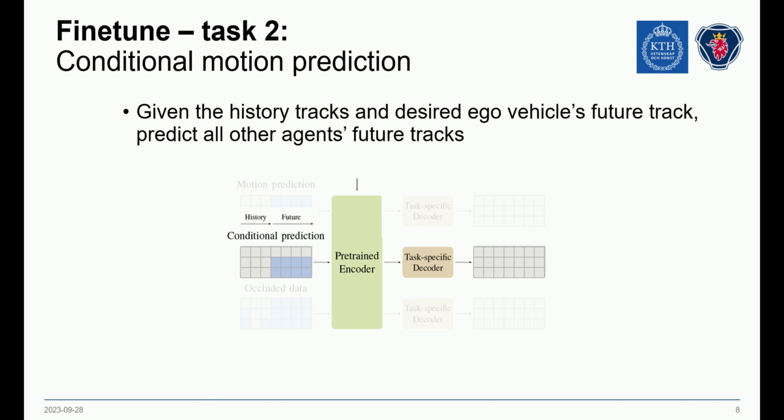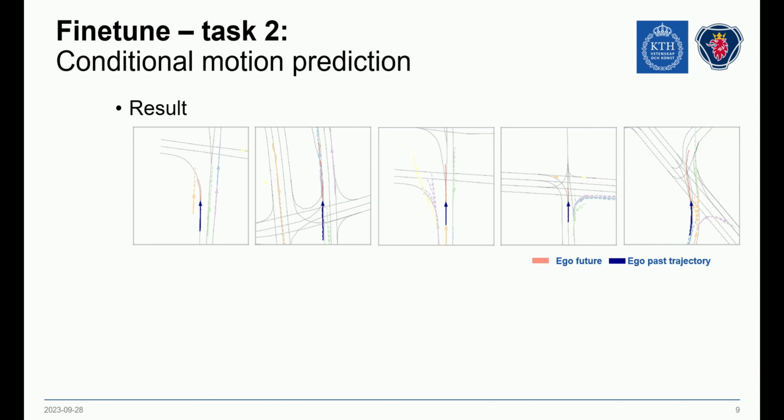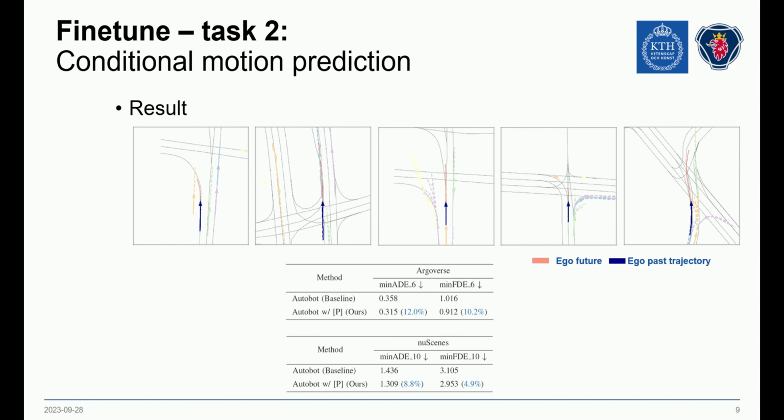In terms of conditional motion prediction, given the history information and the ego vehicle's desired future trajectory, it predicts all agents' possible future trajectories. We show the visualization here. Predicted trajectories of all other vehicles are shown in the dashed line. From the table, for both Argoverse and nuScenes, it reduced the ADE and FDE.